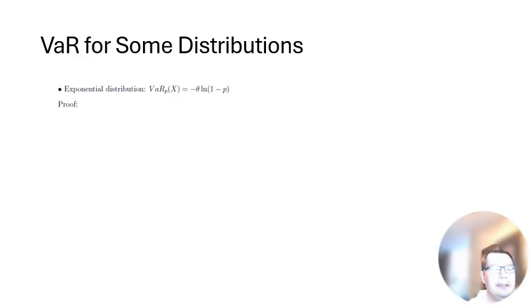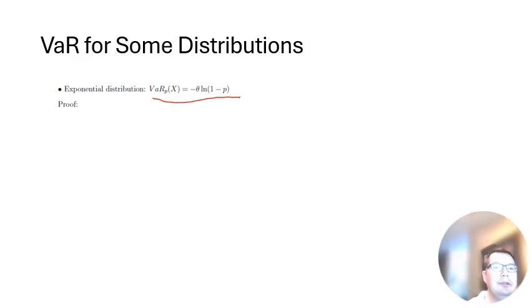Now let's look at the value at risk for some specific distributions. The first one we are going to talk about is the exponential distribution. VaR of X is this. How are we going to prove this?